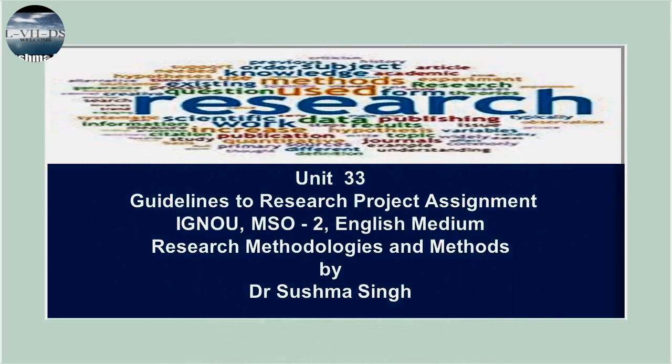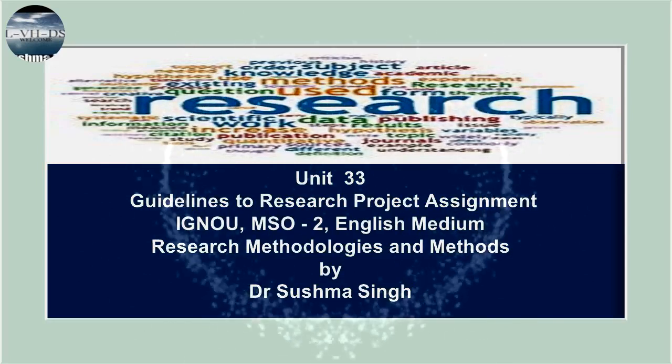Selecting methods for data gathering and analysis. Data analysis, drawing conclusions. After working on your research project will come the stage of putting it down on paper, or let us say that this is the stage of writing up your material.